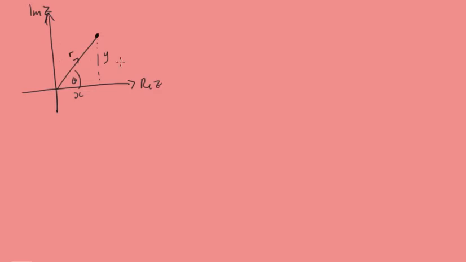So from our trigonometry, remember we get the x and y values from the Cartesian form of the complex number. So this is z equals x plus iy. So cos theta here would be equal to x over r, and sine theta would be equal to y over r.